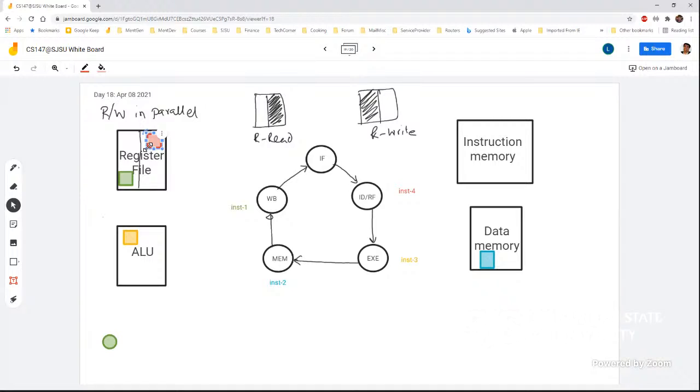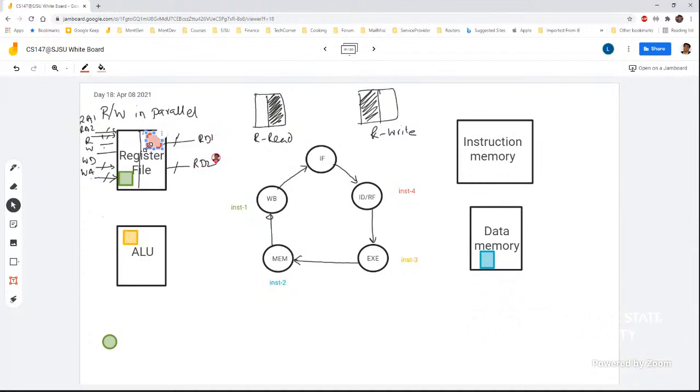And how is it possible? Remember, we have the write address bus separate, and the write data is separate. We have read and write signals, so we allow both to happen. We also have separate read address 1 and read address 2, and we have separate outputs for read data 1 and read data 2.